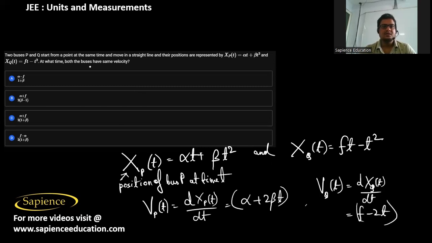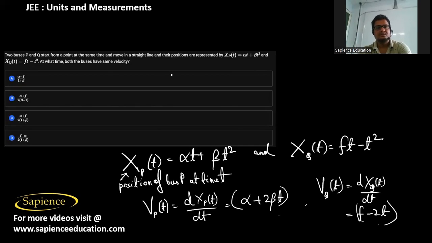It is asked at what time both the buses have the same velocity, so these two will be the same. So Vp of t equals Vq of t, that is alpha plus 2 beta t equals f minus 2t. Therefore I can say 2 beta plus 2, into t, is equal to f minus alpha.